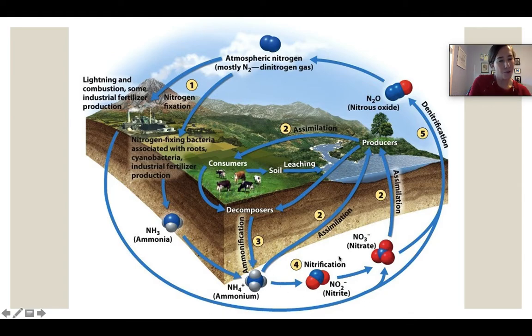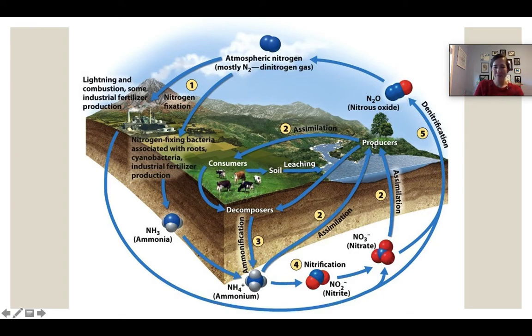And then it can go through nitrification. And those nitrifying bacteria can turn that ammonium or that ammonia into our nitrite, which turns into nitrate. Once it is that nitrate, that's when it can get assimilated. So the nitrates are assimilated by our producers into their body processes, and then the producers are eaten and assimilated into our consumers, or they die and we decompose.